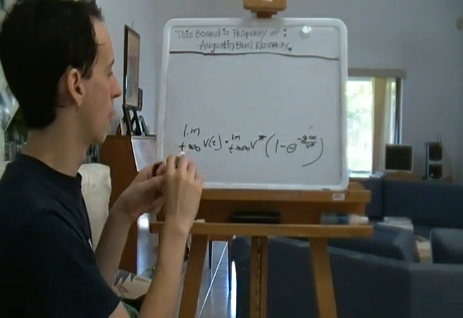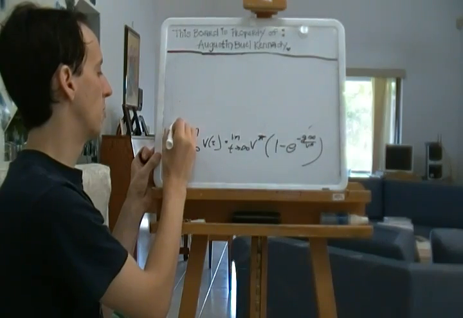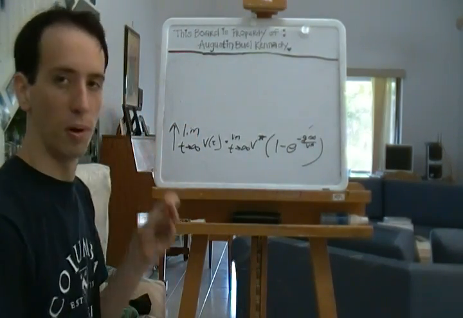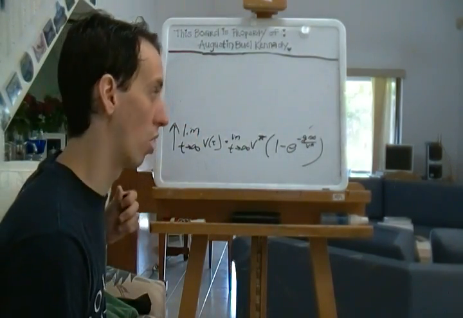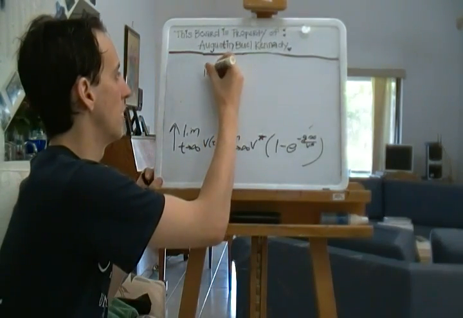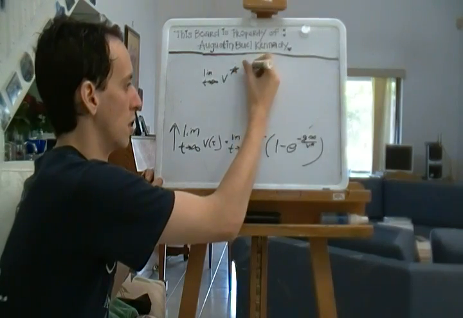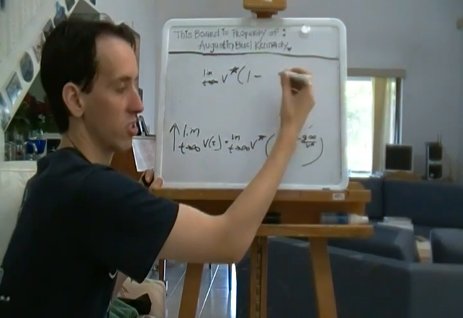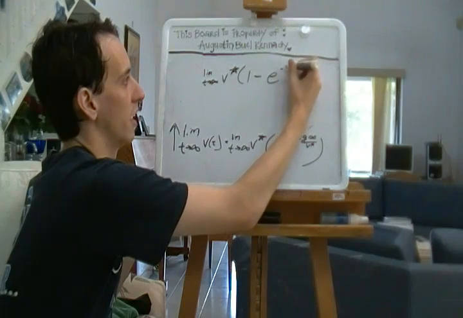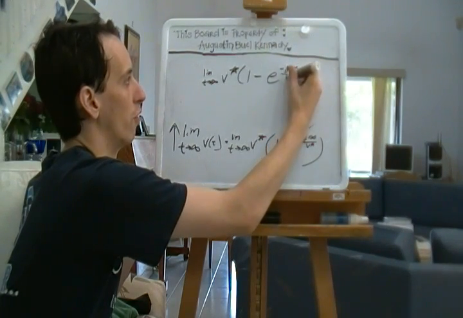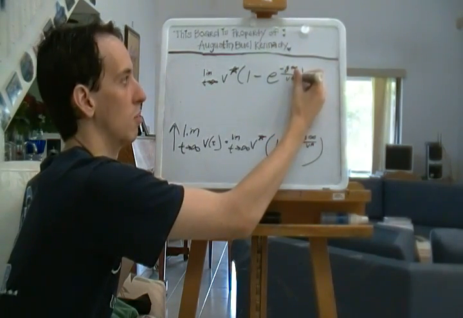Let's look at this. What do we remember about limits? Well, the one thing that we should remember is the way the function e works. What we have here is the limit as t approaches infinity of v star times 1 minus, and here's the key piece, e to the negative g times infinity over v star. Sorry, I keep calling it prime.